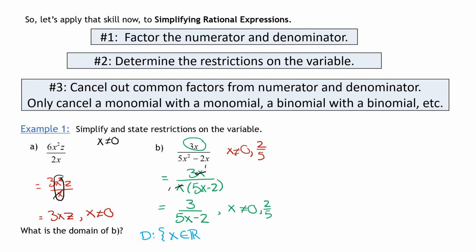So x is an element of real numbers such that we just state our restrictions here. X cannot equal 0 or 2/5. That's the domain. Every other x value is fair game. If I were graphing this, which I'm not, but if I were, I could sub in whatever I want for x. Just not 0 or 2/5.